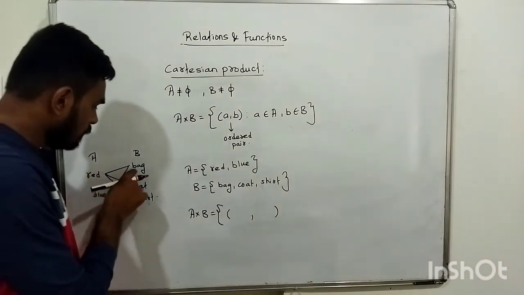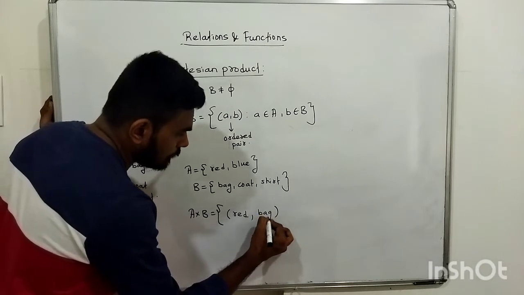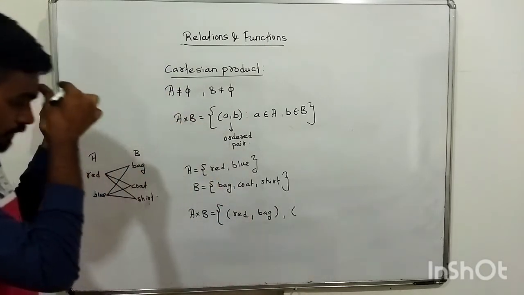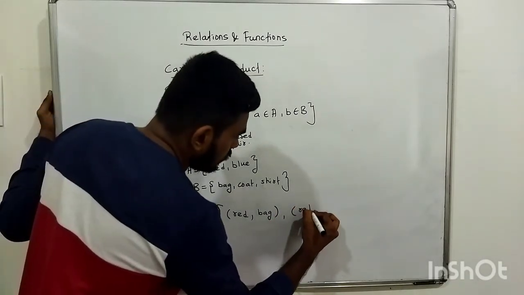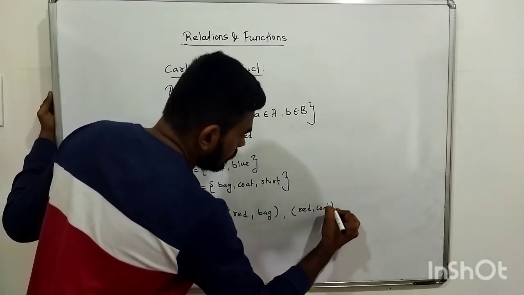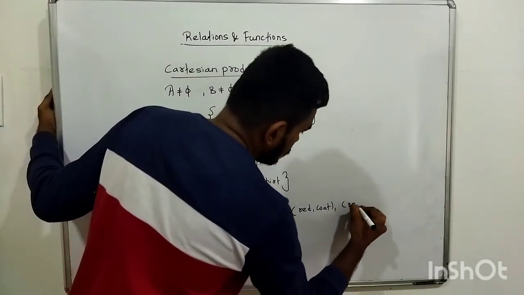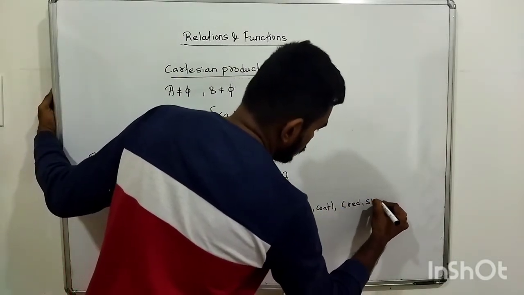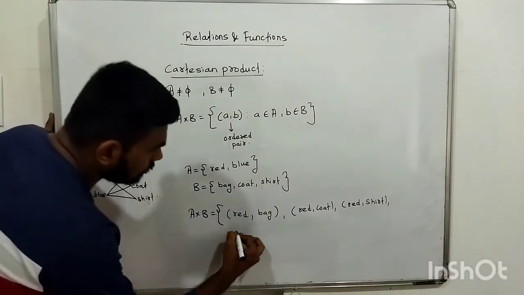So either you can make a pair like this, red and bag: (red, bag). Or red and coat: (red, coat). Or red and shirt: (red, shirt). Similarly, blue and bag: (blue, bag).